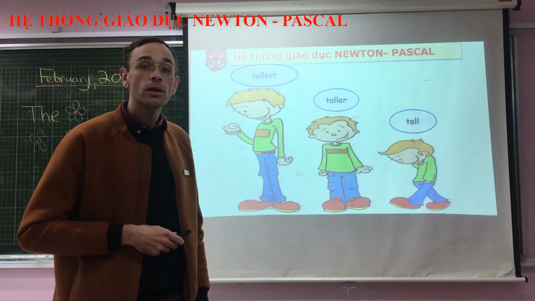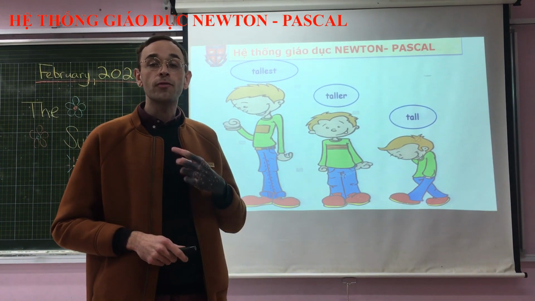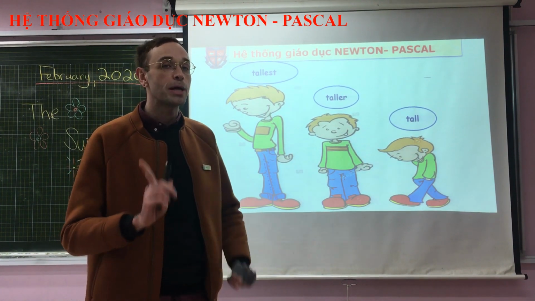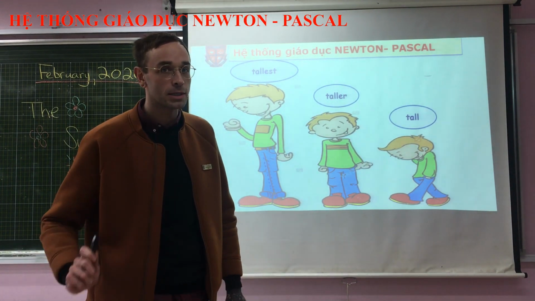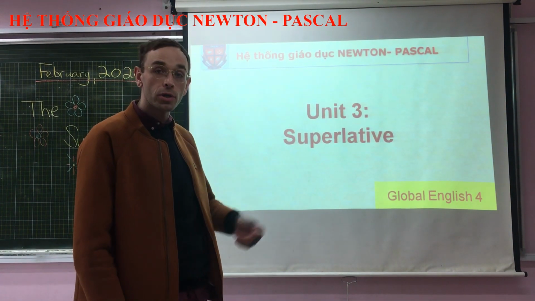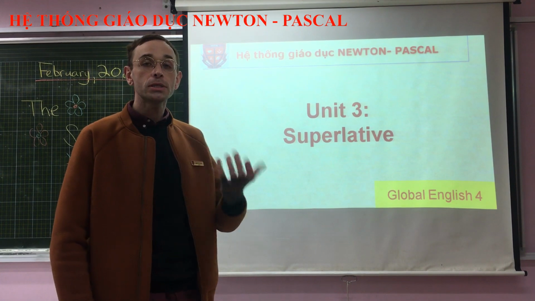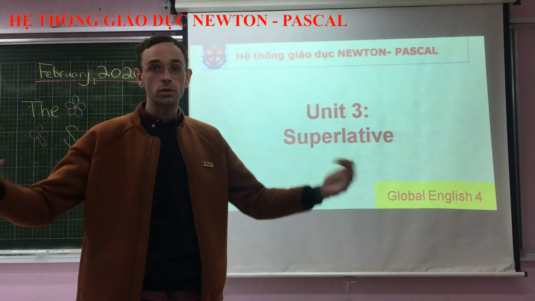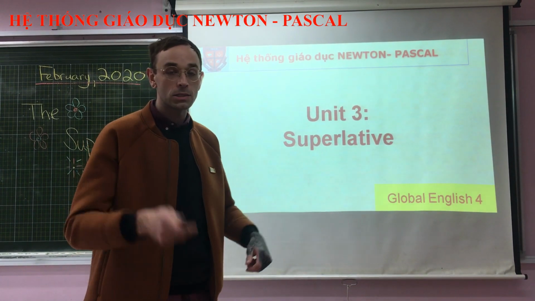Okay? Well, today we are going to move on from comparatives to talking about a special kind of comparison. We are going to talk today about the superlative. The superlative is the way that we talk about something that is the most or the greatest.